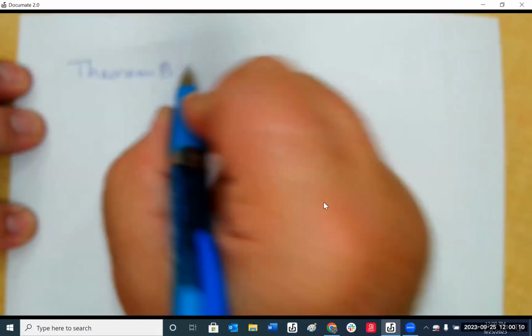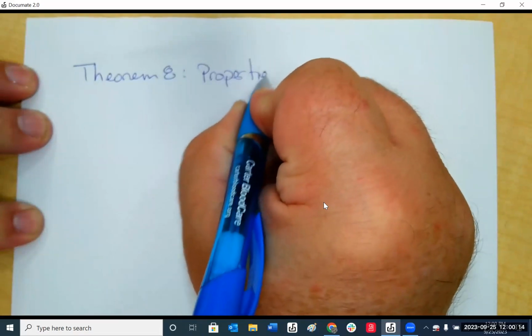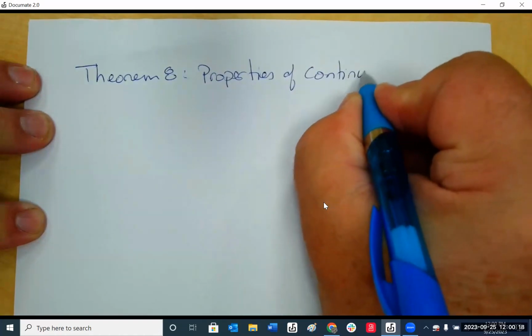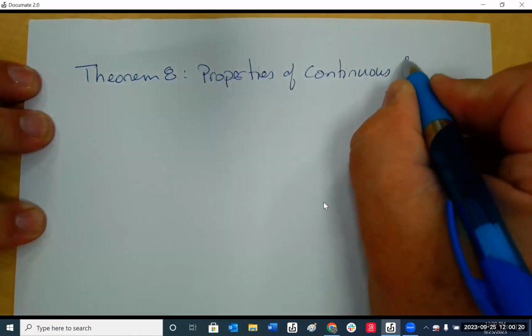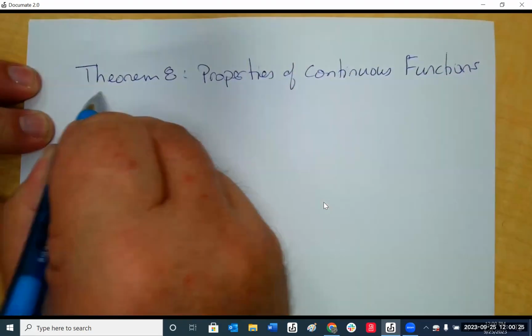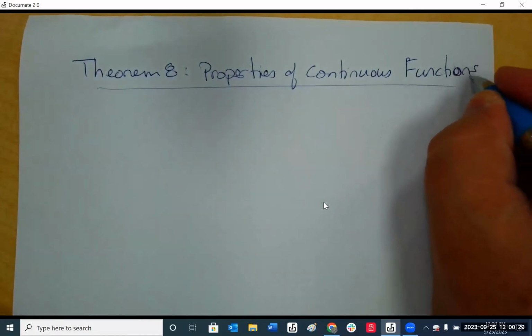Theorem 8. Properties of continuous functions. Oh my, handwriting's horrible.